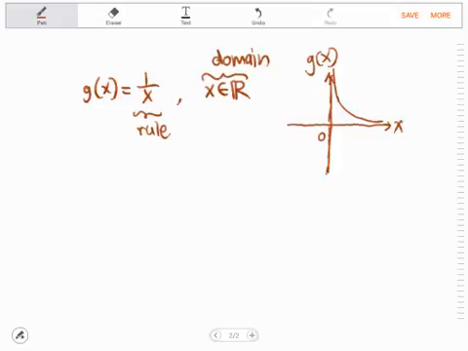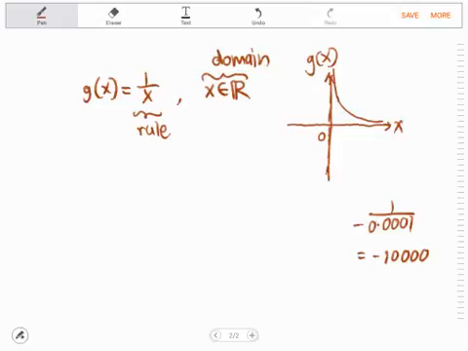If I take minus 0.0001 as the input, then 1 divided by minus 0.0001 gives minus 10000.